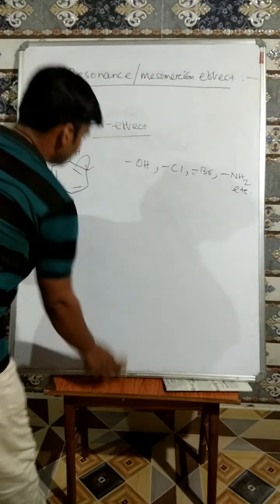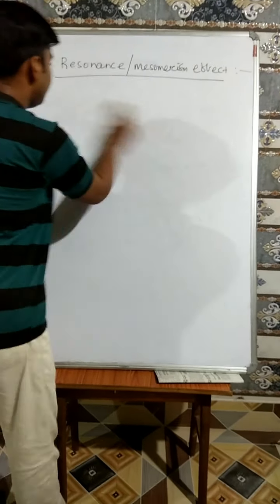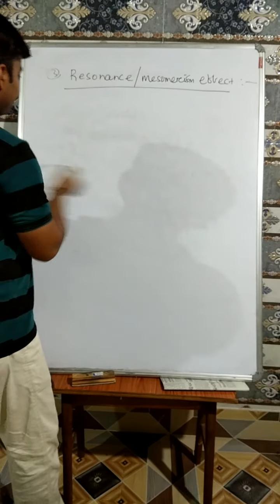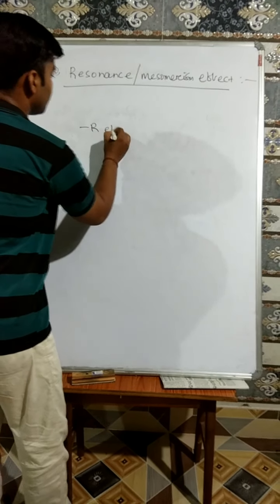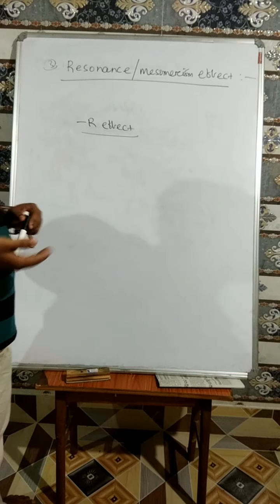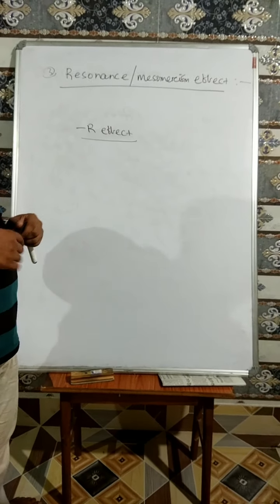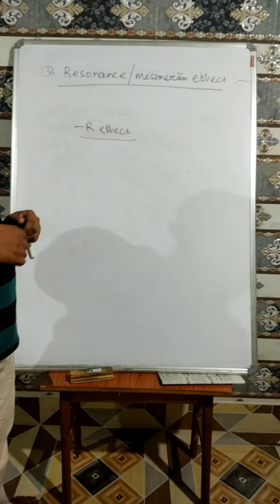Now, the negative resonance effect. If an atom or group of atoms has an ability to withdraw electrons from the conjugated pi system, then they cause the negative resonance effect.